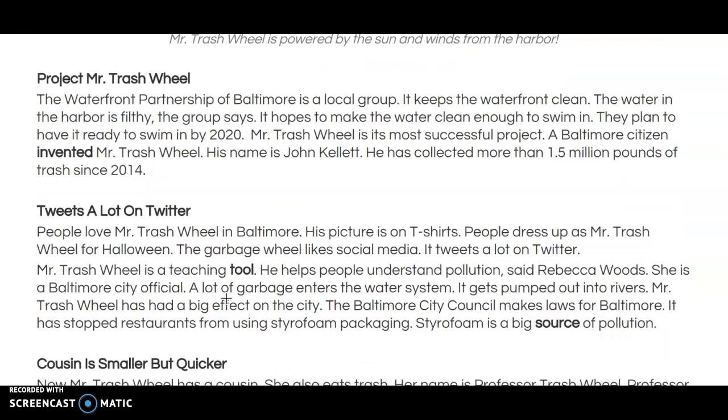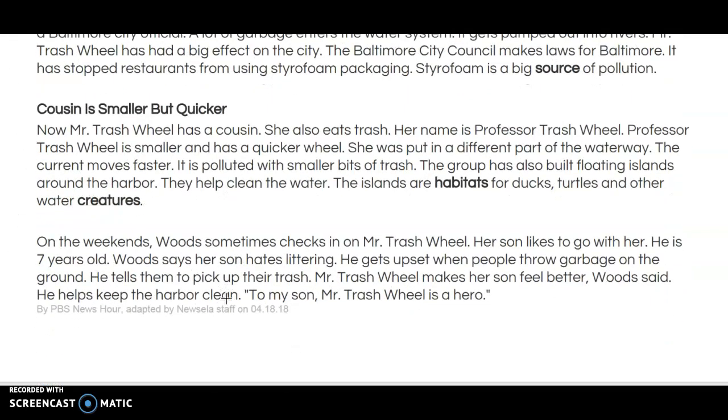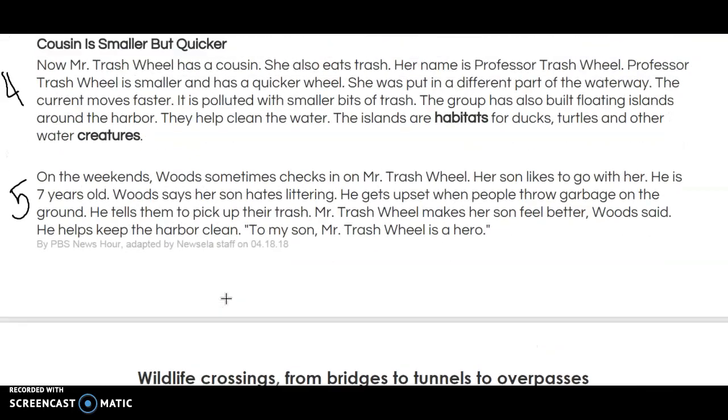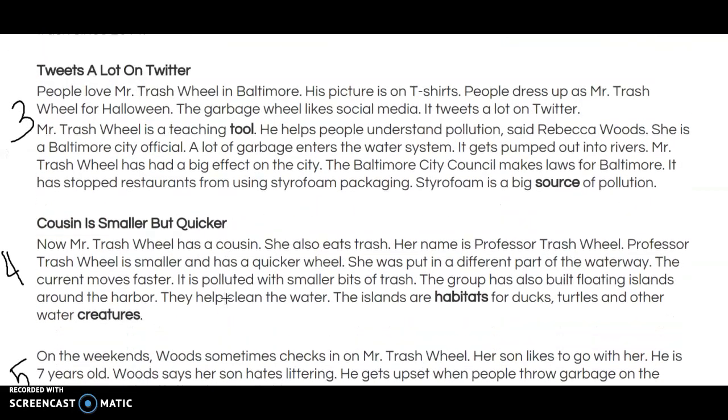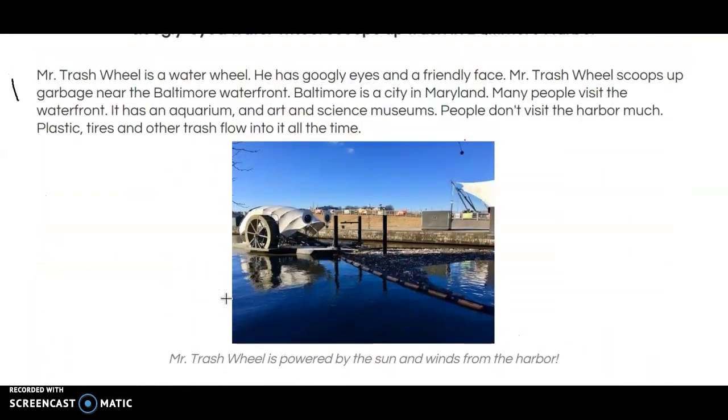So wherever the space or wherever the interspace is on the passage, that's where you are going to put the next number. So 2, 3, 4, and 5. So we don't have any more paragraphs, just make sure. And then we're going to go back to the top.